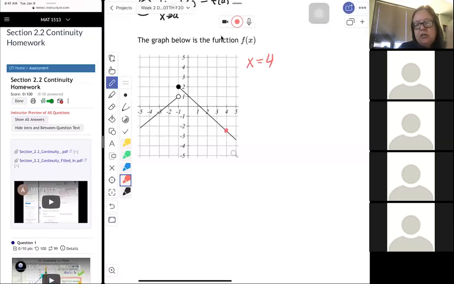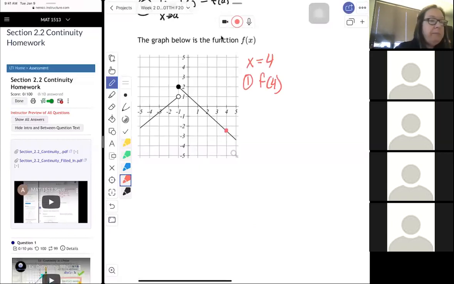So that first condition was that f of A has to exist. So for that point, f of 4 has to exist. You have to actually have a y value for that x at that point. Just like if I were to plug 4 into the function, if I had the equation, I would get a number out of that. And we do have that here.